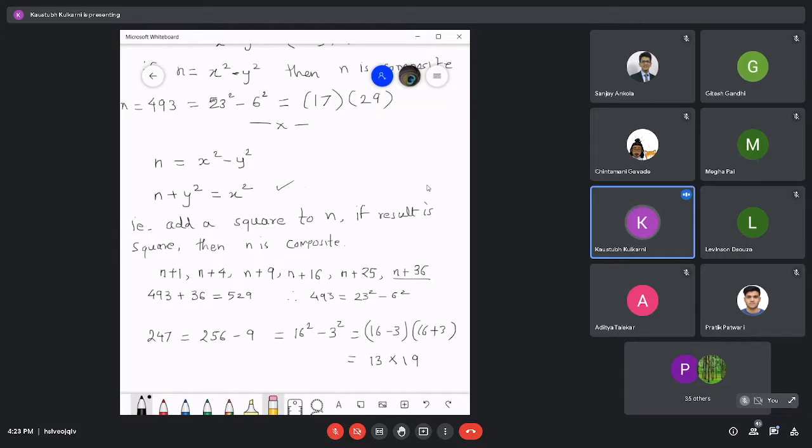By the identity x square minus y square is x minus y into x plus y, it is 13 into 19. Therefore, 13 and 19 are the factors of 247.